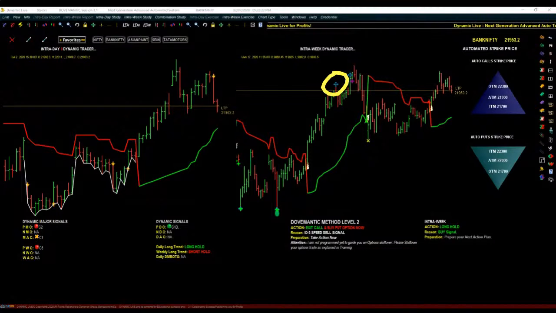Now, when you are implementing the method mechanically for one entire month, at the end of the month, we expect you to earn a minimum of 10 to 15% returns per month. But during the month when you are implementing it, you are going to come across a lot of trades. In all these trades, the results will be like gain, minus, gain, or it may be like minus, gain, minus, gain, minus.